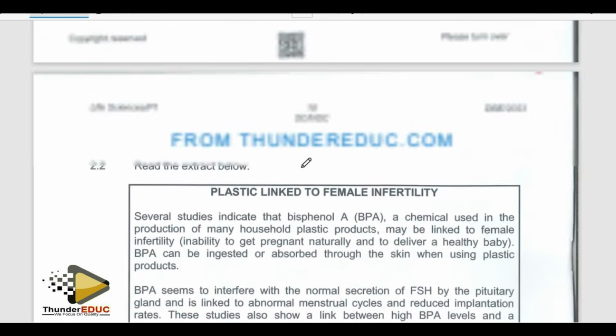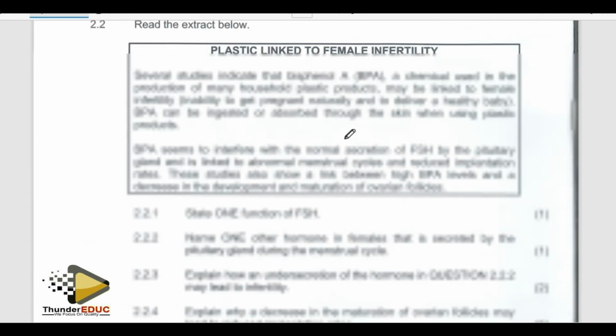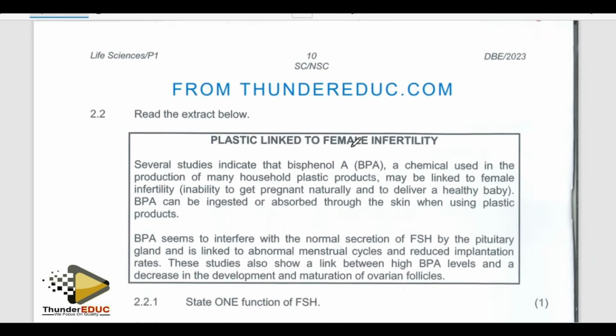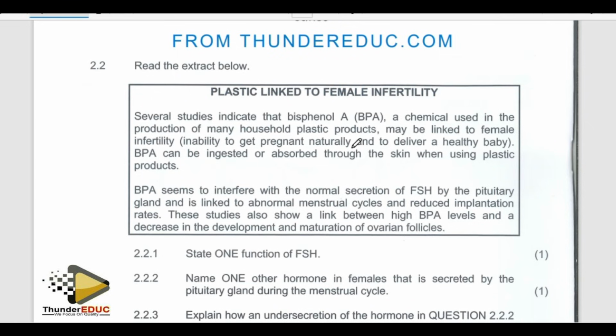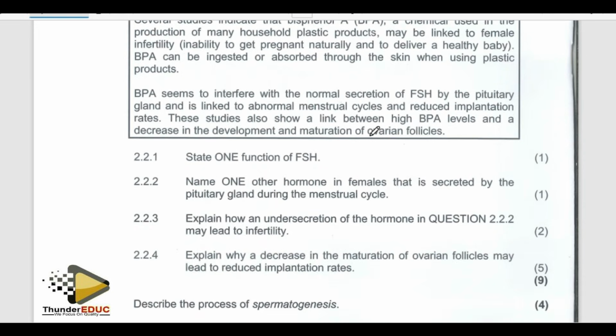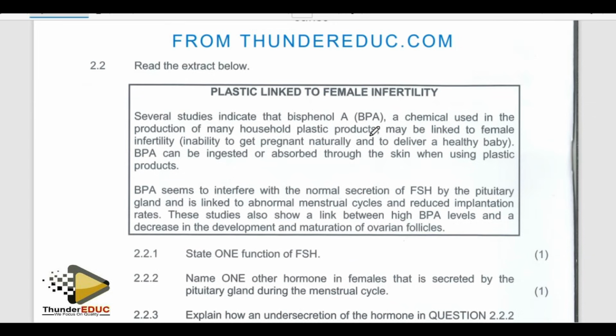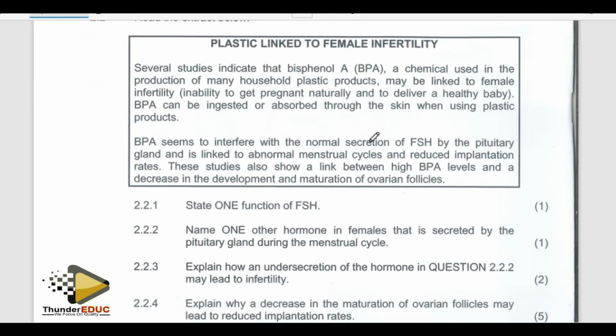Anyway, let's go to the next question. These questions which are in a passage form are questions which I don't usually expect students to fail, because we don't usually bring them back the way they are. But you have to know how to obtain information from the extract.